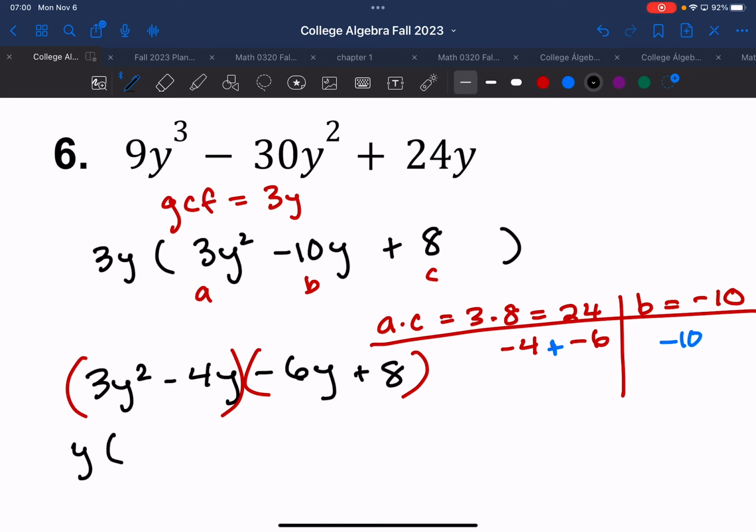And we'd be left with what? 3y minus 4, because we're only taking out one of those y's, and that 3y squared still has a y. Okay, what can we take out of the second parenthesis in order for our 2 parentheses to match? Negative 2. And we'd be left with what?